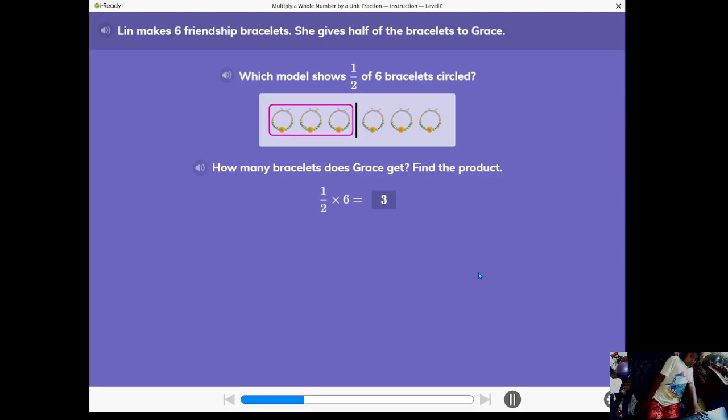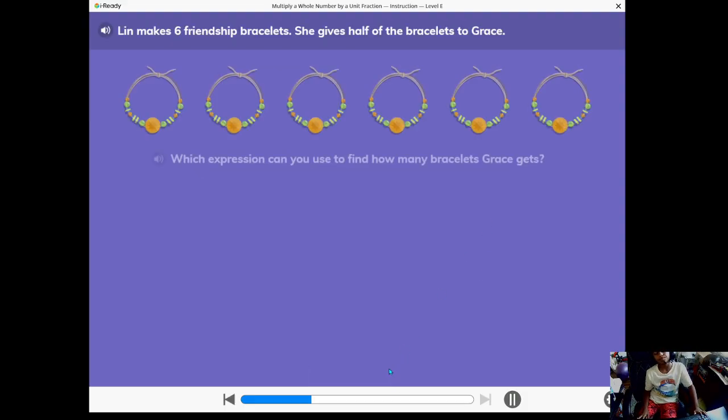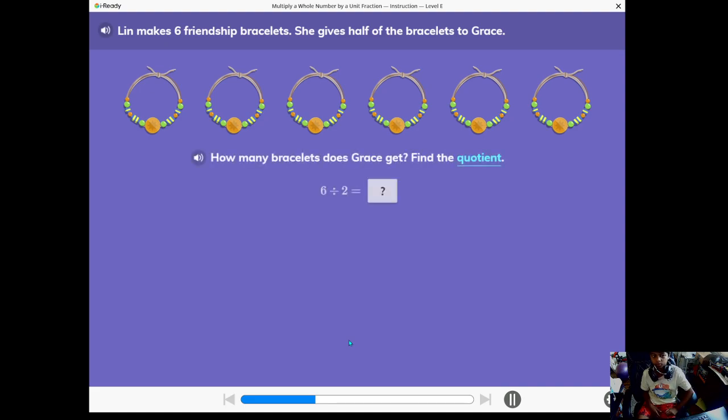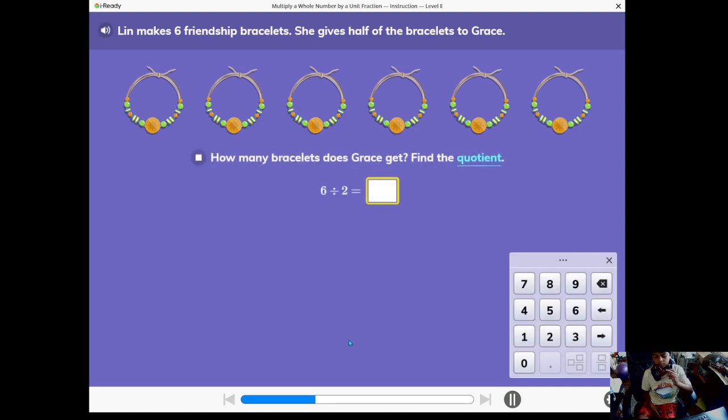Now let's use division to think about how many bracelets Grace gets. Which expression can you use to find it? Lynn makes 6 bracelets that she divides equally between 2 people. How many bracelets does Grace get?